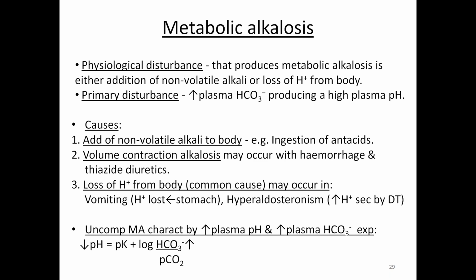And hyperaldosteronism, where there is increased hydrogen ion secretion by the distal tubules. So uncompensated metabolic alkalosis will be characterized by increased plasma pH and increased plasma bicarb, and expressed in this equation.